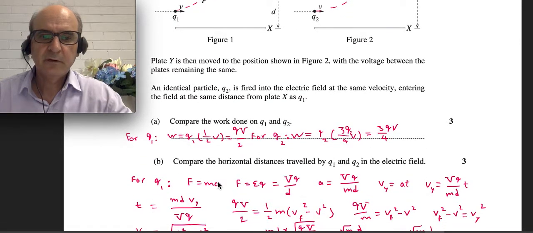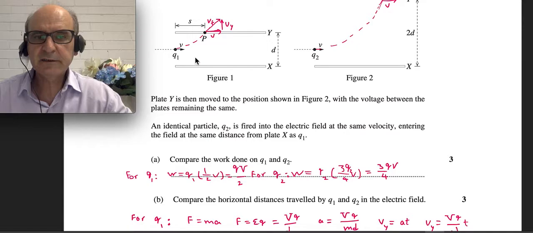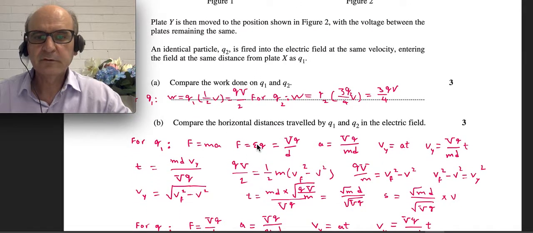Now, F is equal to ma. How much F do we have? F is equal to the strength of the electric field times the charge. How much is the electric field? Voltage difference between the plates, which is the capital V, divided by distance d. So times q.